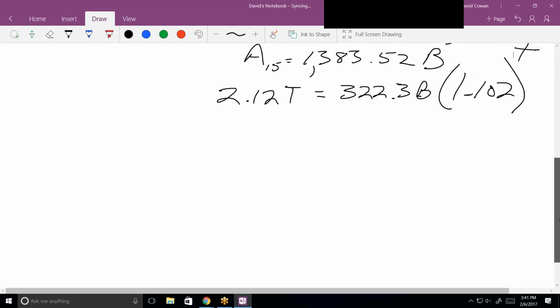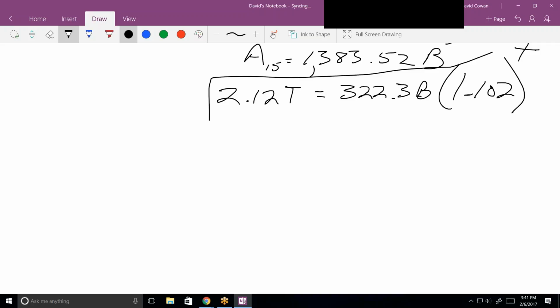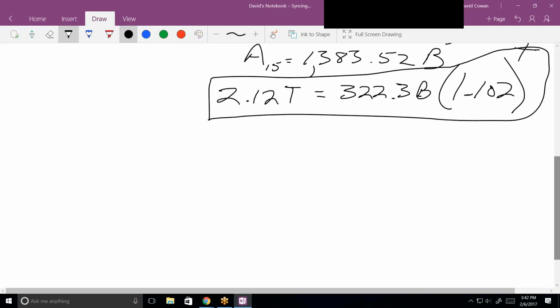And this is where logarithms come in. What's the first step on solving this problem right here? Dividing by this. In other words, we're trying to get the right side narrowed down so that we can solve for t.